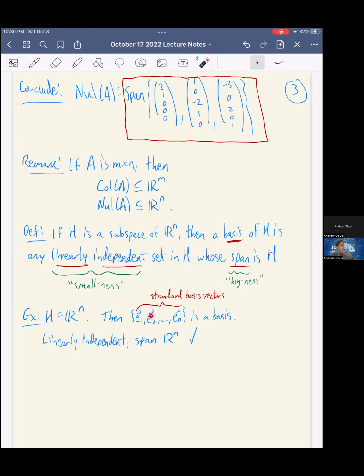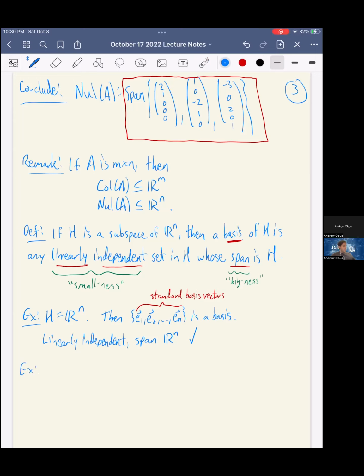There's no way to take a linear combination of these guys and get 0 unless you're going to use 0 for every coefficient. And they certainly span Rn. If I have any vector in Rn, I can decompose it into its first coordinate times E1 plus its second coordinate times E2 ... plus its nth coordinate times En. Okay, so this, as an example, is definitely a basis.